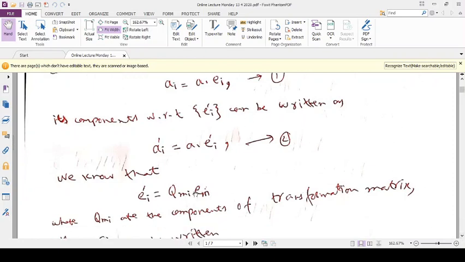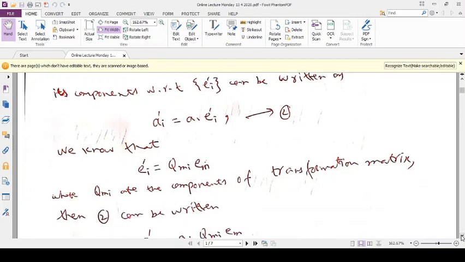We know that e_i dash equals Q_mi e_m, that our bases are related with this equation. This is given in your previous lecture. Q_mi are simply the components of the transformation matrix, the matrix which transforms the unprimed basis to the primed basis.